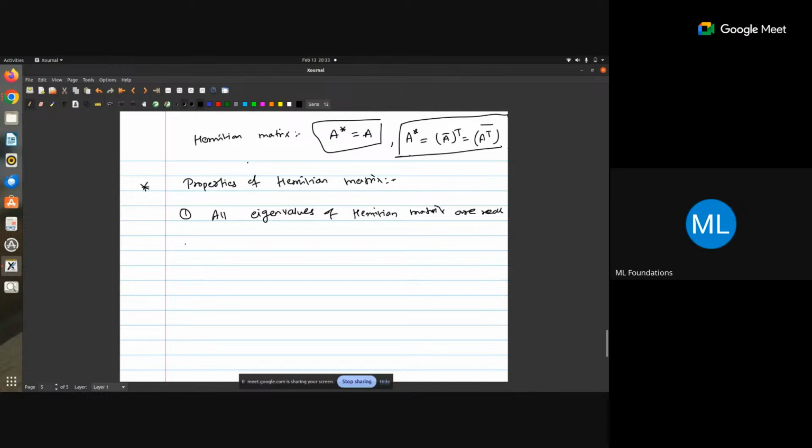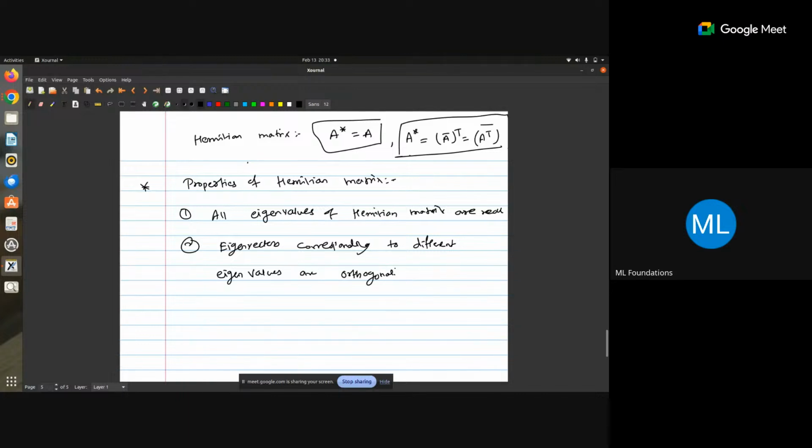Then the second property is that eigenvectors corresponding to different eigenvalues are orthogonal.